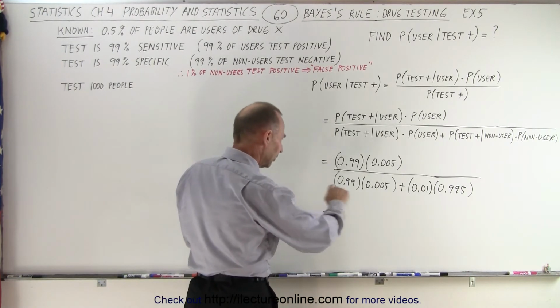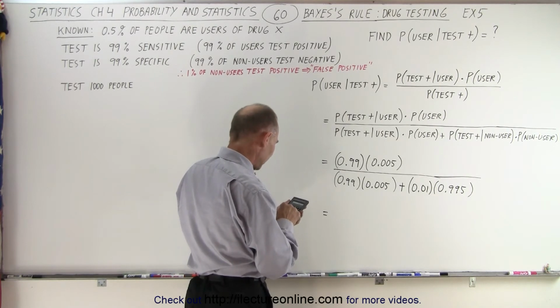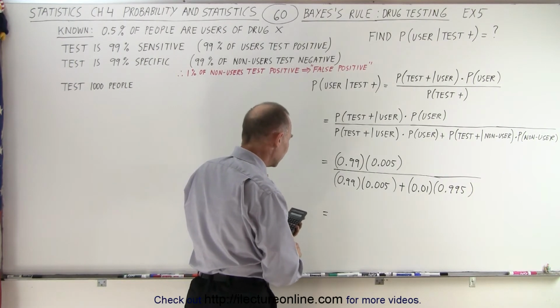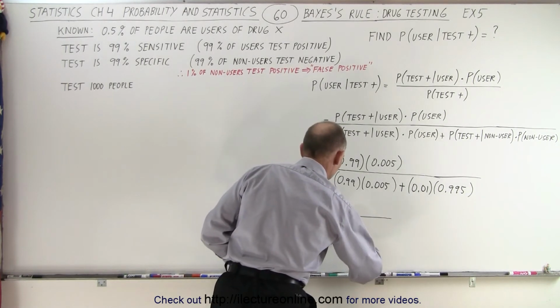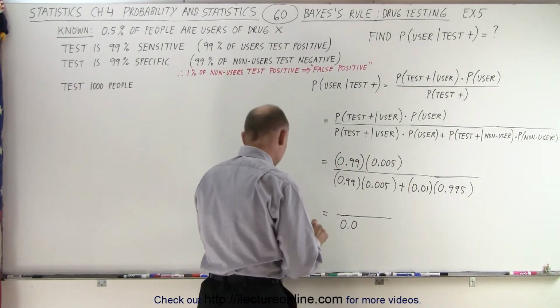We have the denominator first, 0.99 times 0.005 plus 0.01 times 0.995 equals, and so in the denominator, we get 0.0149. Let me get my calculator here.